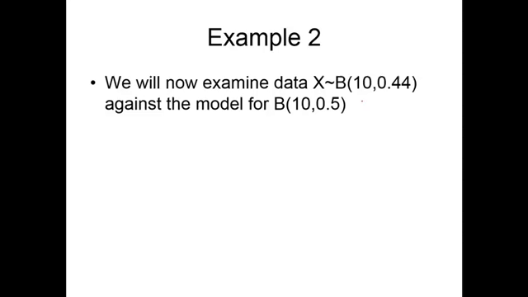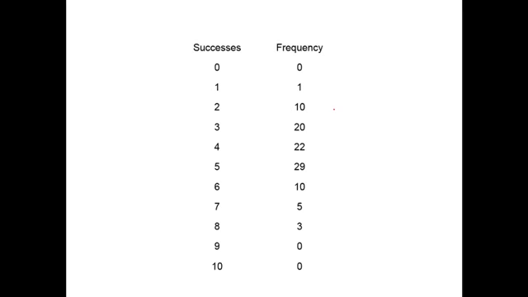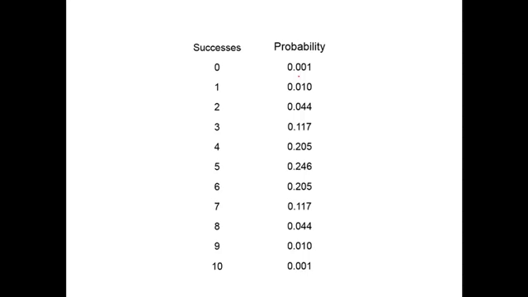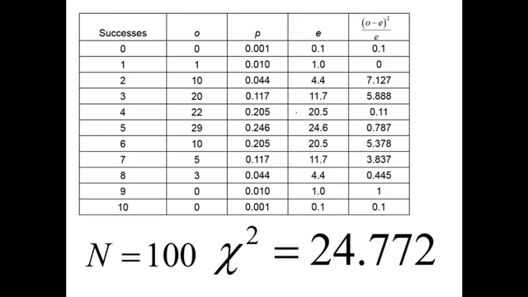Example 2. What I did here, I took data on a 0.4 and tested it against the model for the 0.5. Okay, so this is my data I conducted for a 0.4, and I tested it against the 0.5 probability. So this is the same stuff as before.